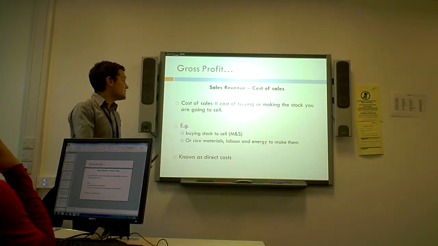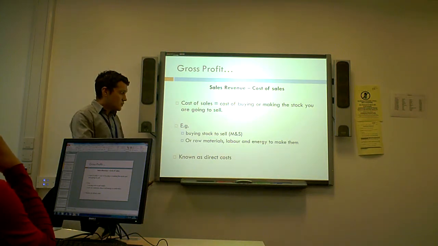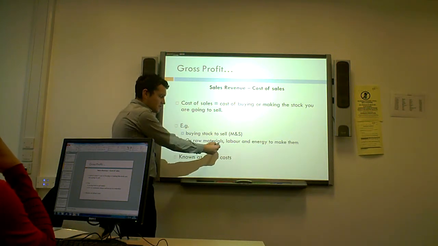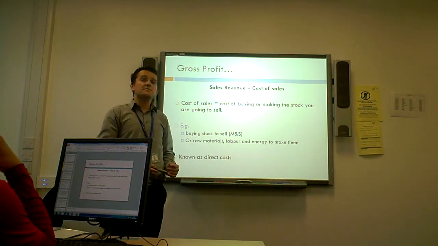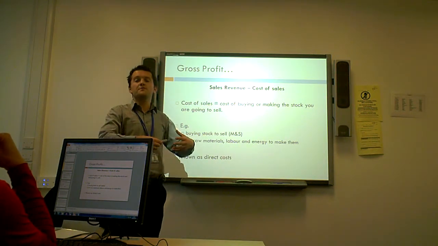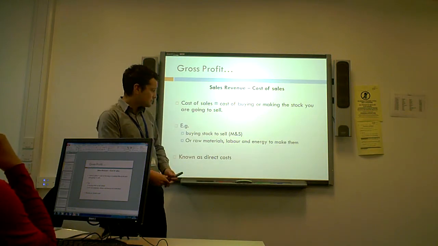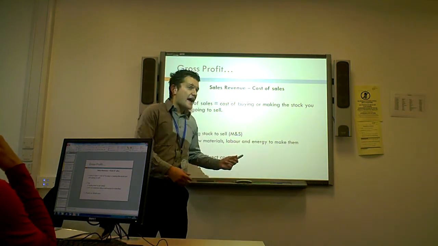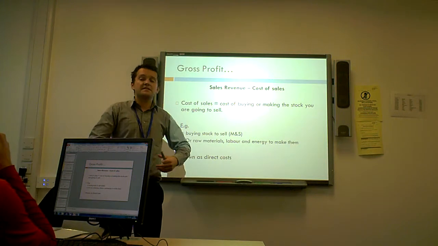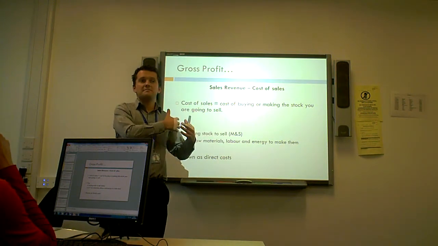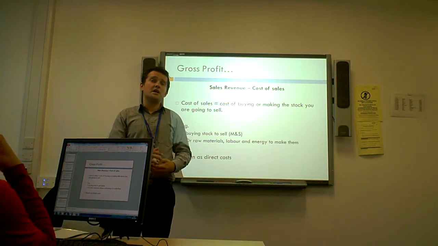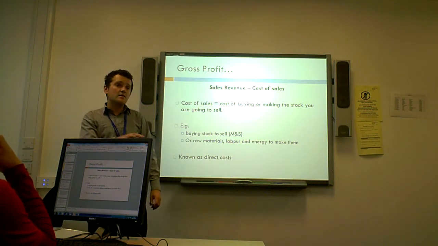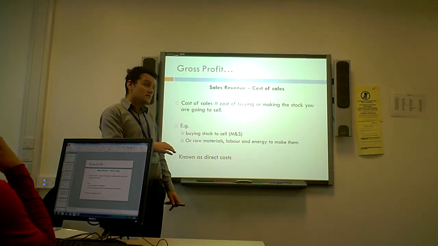What that means is, for every product, we could say, okay, it costs £1 in raw materials, it takes 2 hours to make, therefore that's 2 lots of someone's hourly wage, and it takes an hour on that machine. This is how much energy we pay to make this product. It's called a direct cost of production. You can quite clearly see where the costs come from.